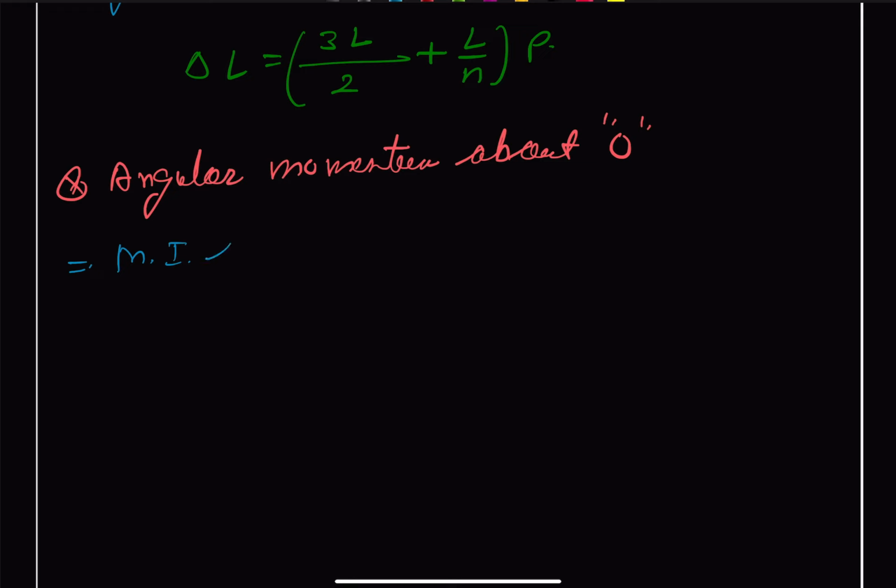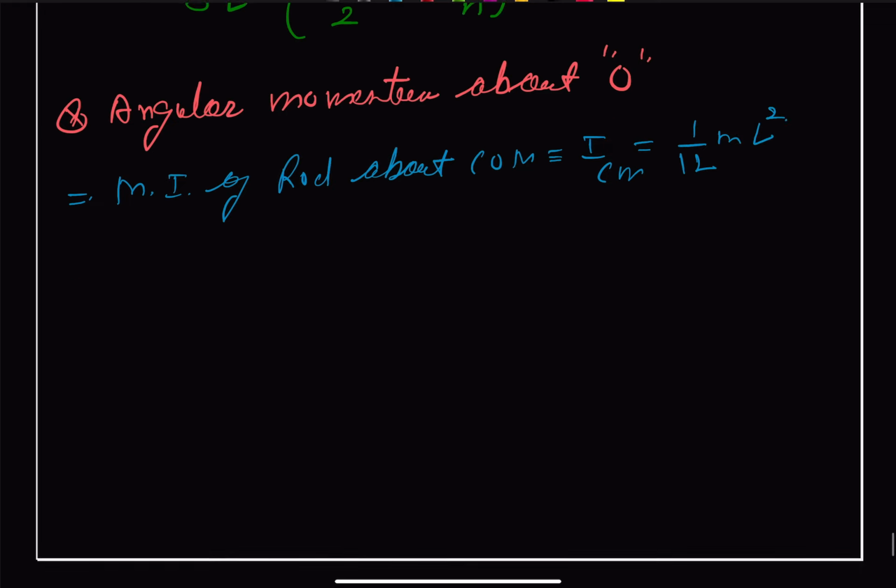Moment of inertia of rod about center of mass, that is ICM, will be equal to 1 upon 12 ml square, and distance from O to center of mass, because we are going to use parallel axis theorem, will be D is equal to 3L upon 2.